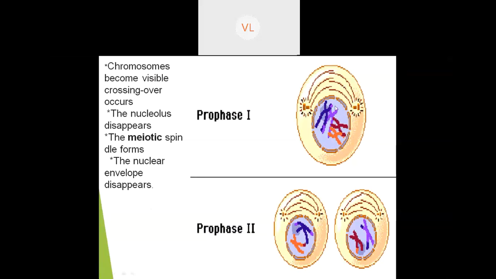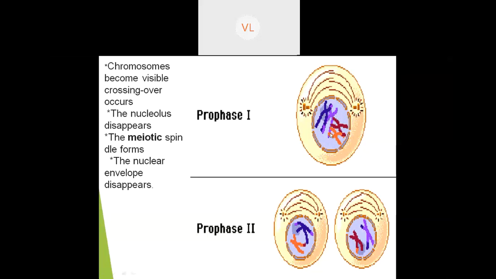It will cross the chromosomes. This means crossing over. The chromosomes get attached to other chromosomes. This means crossing over.